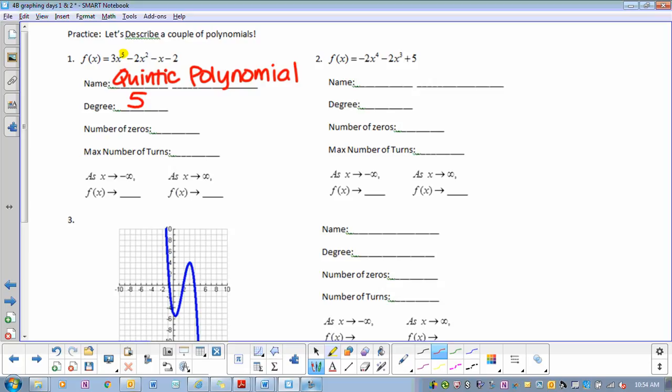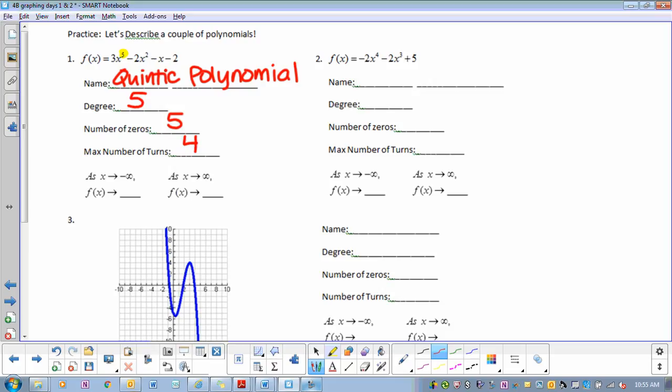And then what is the number of zeros that this could have? 5. Same as your degree, right? And then what is the maximum number of turns here? 4. Okay?